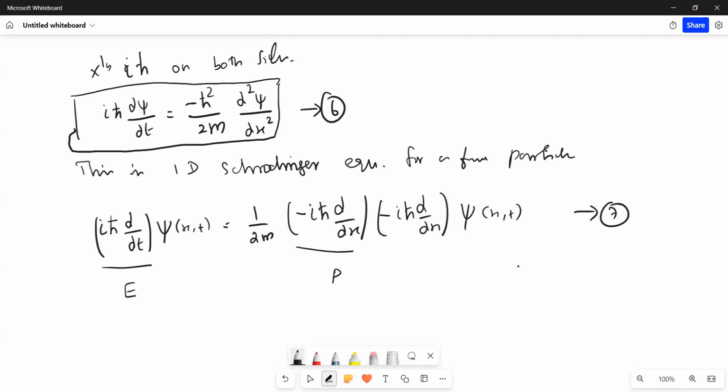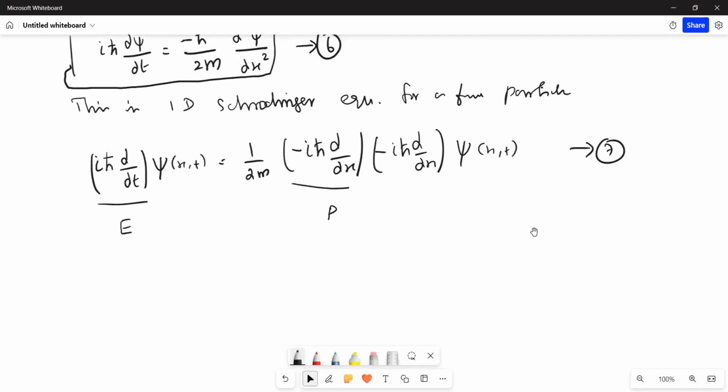Now we are going to think about the three-dimensional Schrodinger wave equation and how we can write it. The same equation we can write in another form. See, i h cross dou by dou t psi of r comma t is equivalent to minus h cross square by 2m.